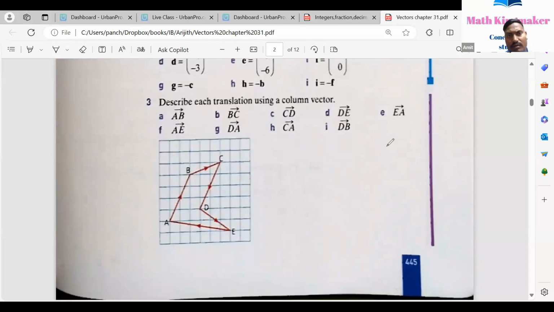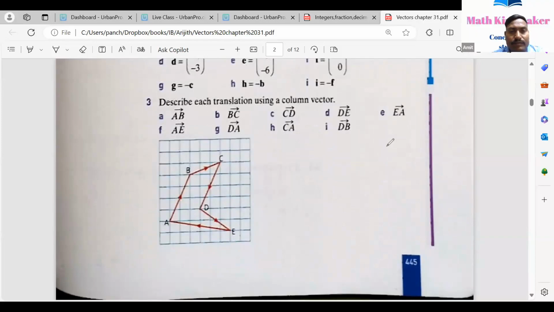AB. It will be 2, 4. BC. Go fast, please. So 3, 1. Nice.